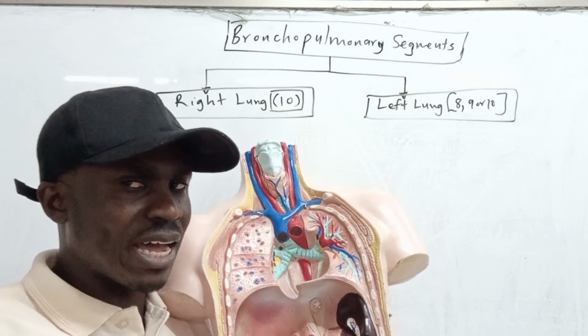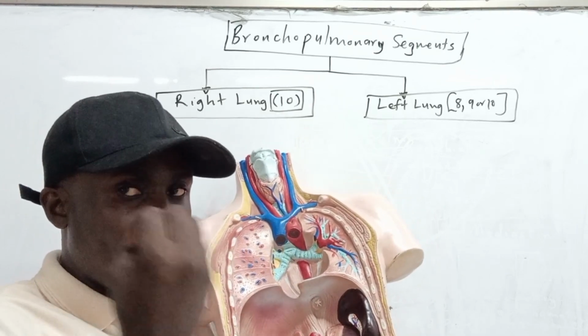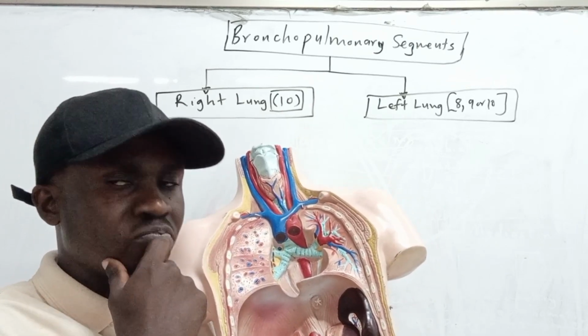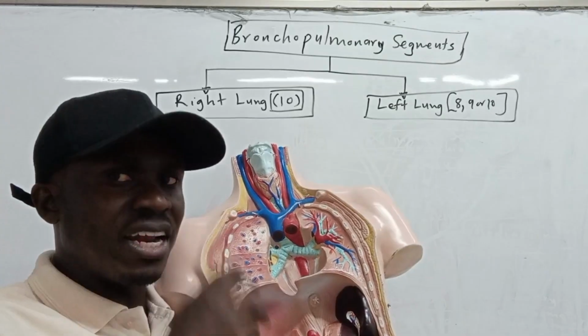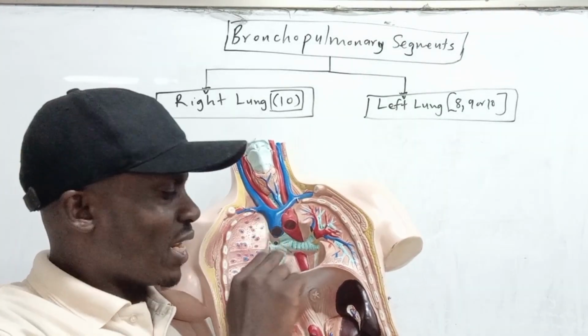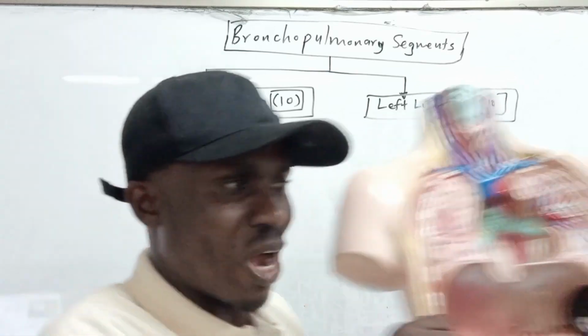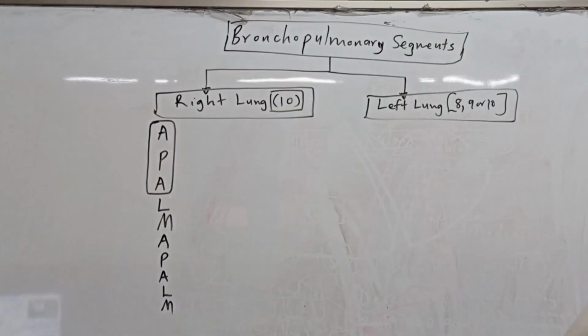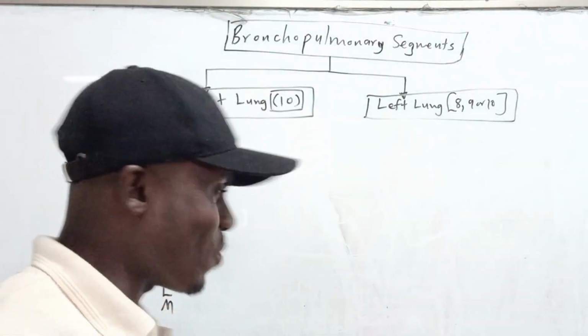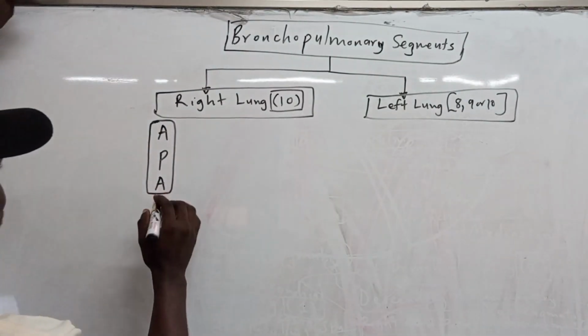So what I'm trying to say is that the first a palm you've given me, take the first 3 letters for the upper lobe, and then the next 2 letters will be that of the middle lobe.